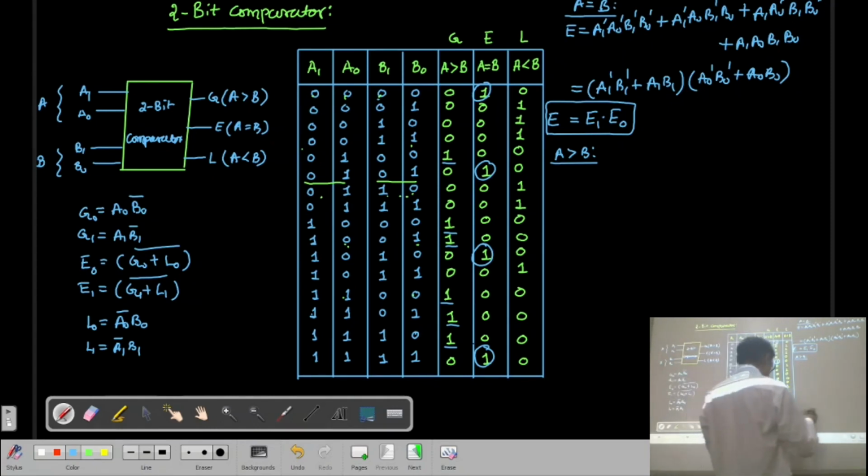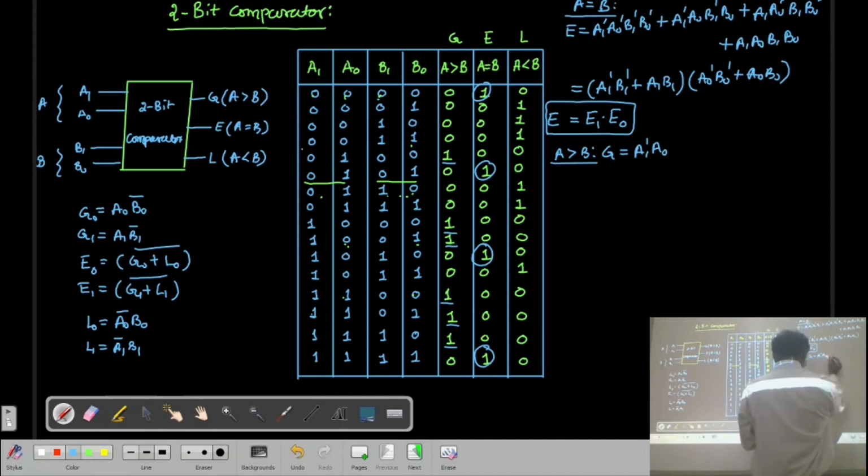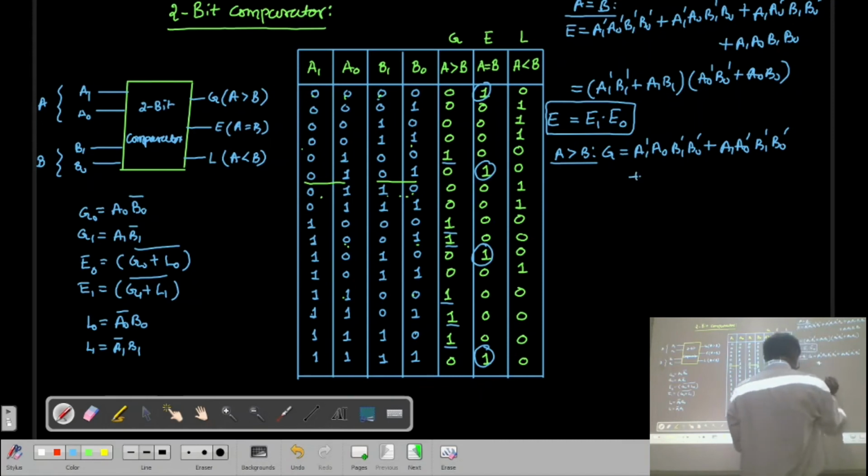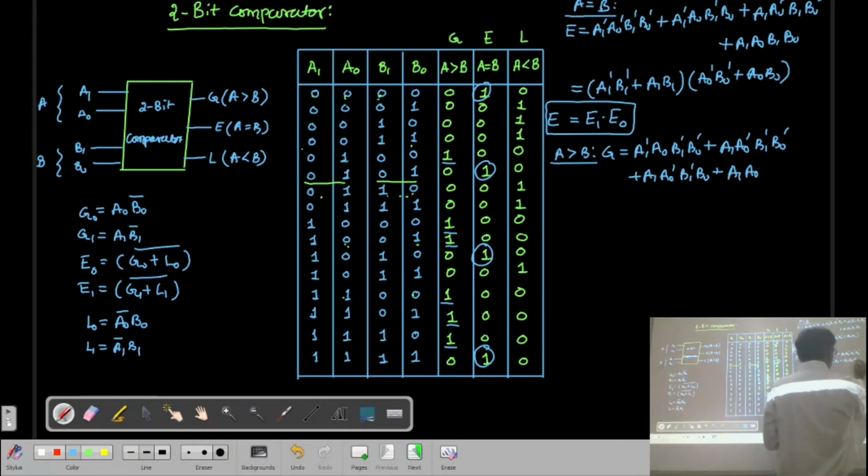So G will be equal to A1' A0 B1' B0' plus A1 A0' B1' B0' plus A1 A0' B1' B0 plus A1 A0 B1' B0' plus A1 A0 B1' B0 plus A1 A0 B1 B0'.